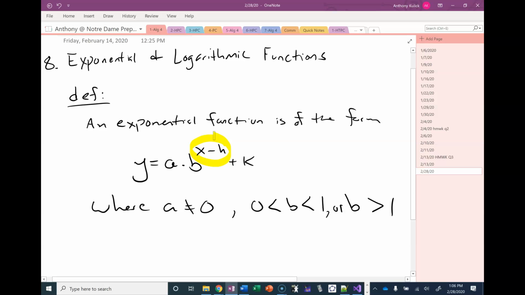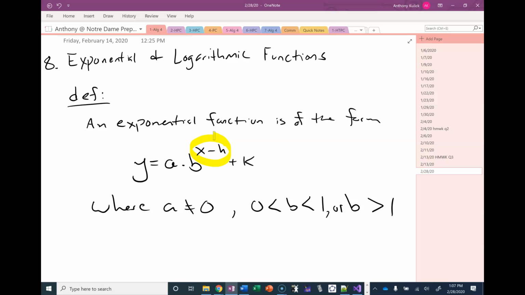Specifically, the exponent of 1/2 is the same as which radical? The square root. And can we square root negatives? No. Those aren't defined over the real numbers, so that's one reason why we're restricting b to have to be positive. Everybody's okay with that idea?